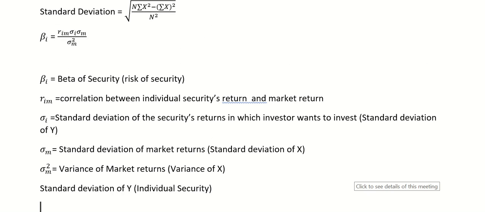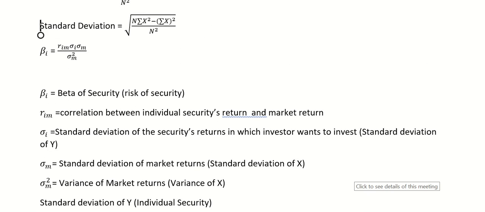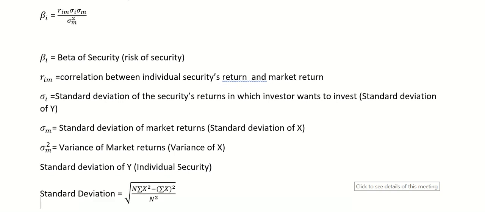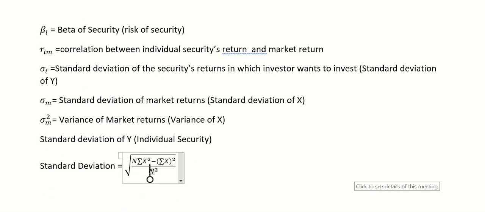So instead of X, I will write Y, so it will make more sense, because we are calculating the standard deviation of Y, which is the individual security's return. I'm just writing it as Y so that you will be clearer.